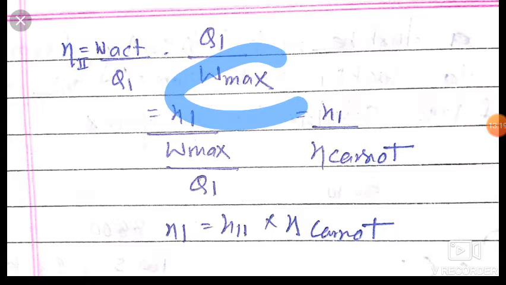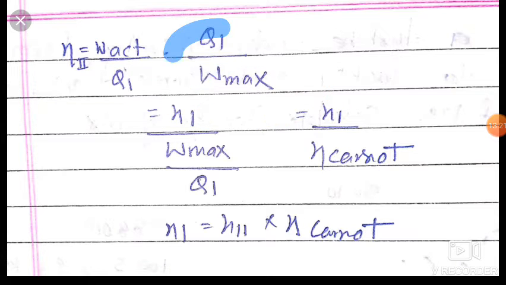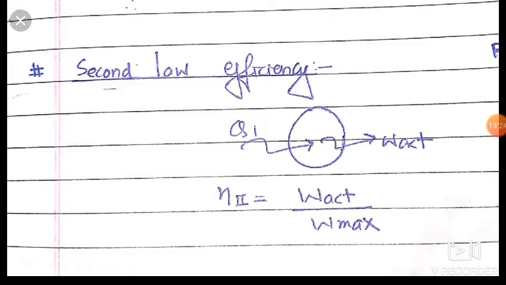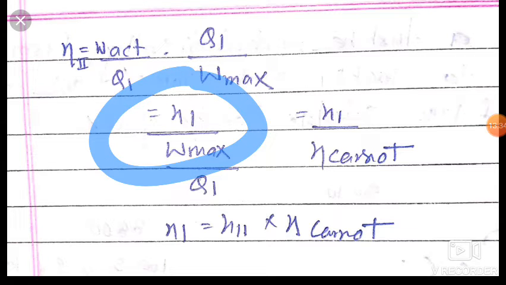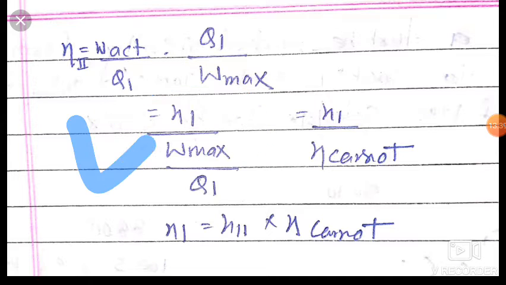Dear friends, this is work done actual upon work done maximum. We are multiplying by Q1, which is the supply of heat, and dividing by Q1. So friends, here work done actual upon Q1 is written as efficiency 1, and it is the real efficiency. We are moving this Q1 downward with W max.